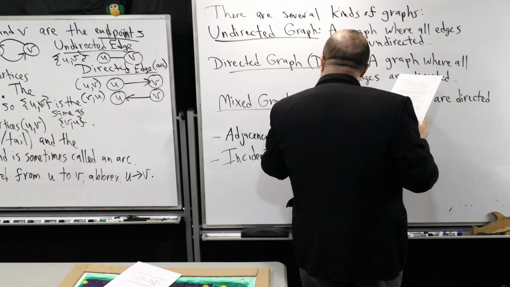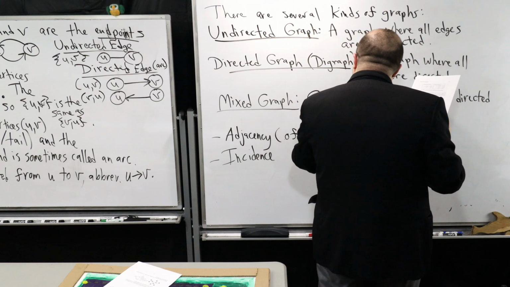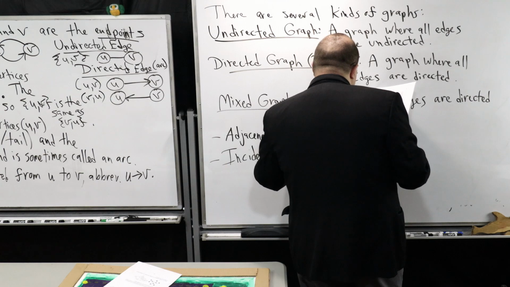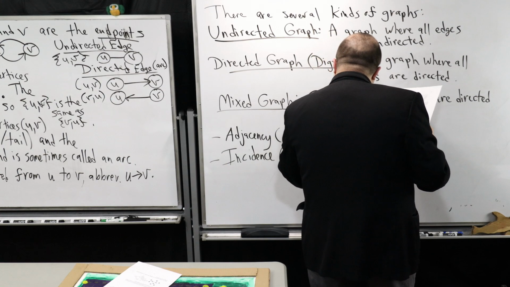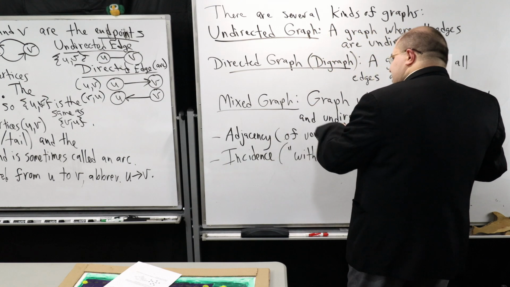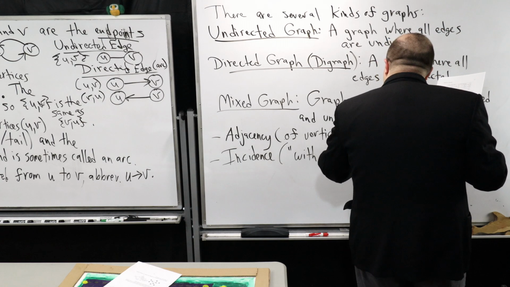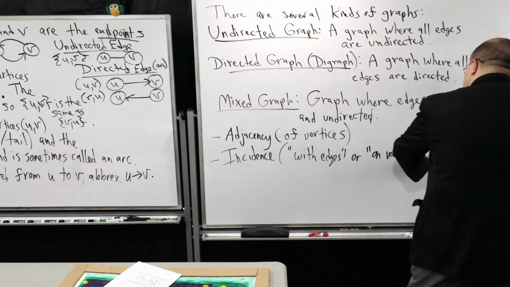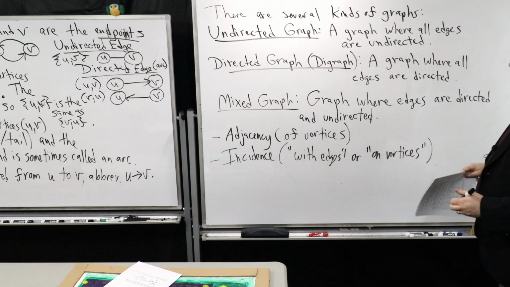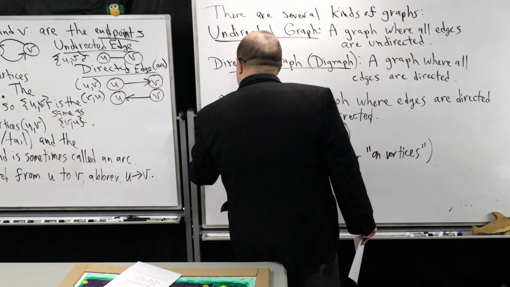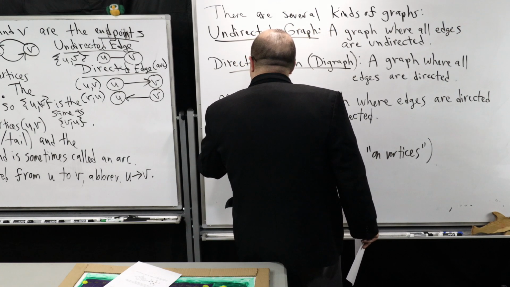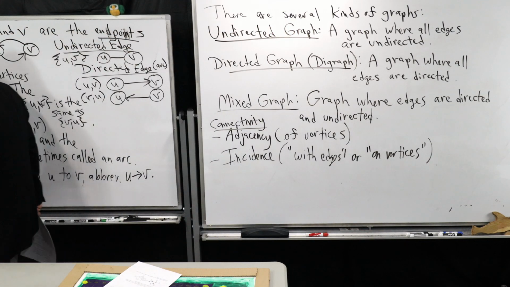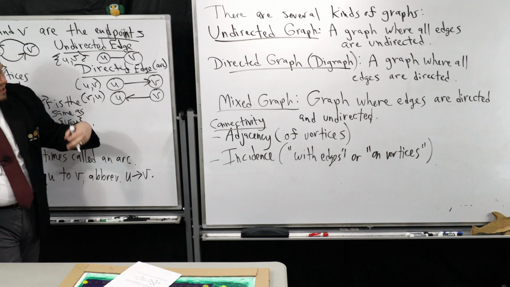Adjacency is something we could talk about among vertices. And incidence is where we talk about edges. So if we want to talk about edges with respect to other edges or on vertices. So very often I would like to talk about the edges. So we're talking about the connectivity. So how can we talk about that? These are going to be the two notions we're going to use here, so-called adjacency versus incidence.